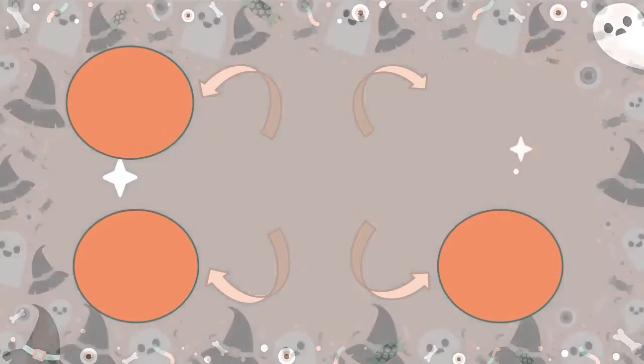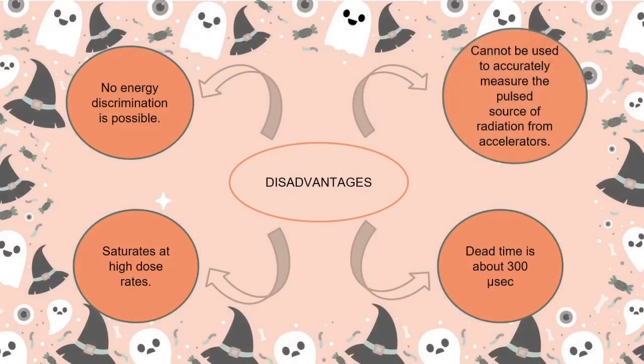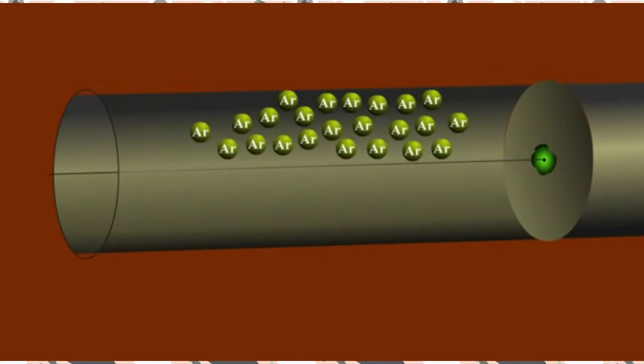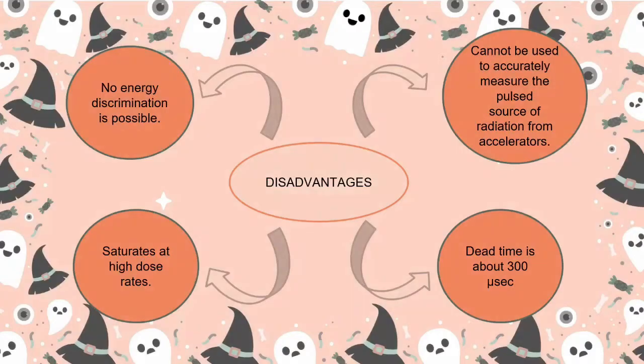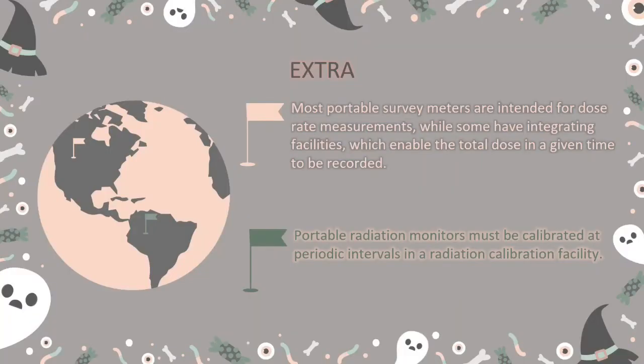There are also disadvantages of the GM tube: no energy discrimination is possible, it is saturated at high dose rate, the dead time is about 300 microseconds, and it cannot be used to accurately measure the pulse or source of radiation from accelerators. Lastly, most portable survey meters are intended for dose rate measurement, while some have integrated facilities which enable the total dose in a given time to be recorded. It also must be calibrated at periodic intervals in a radiation calibration facility.